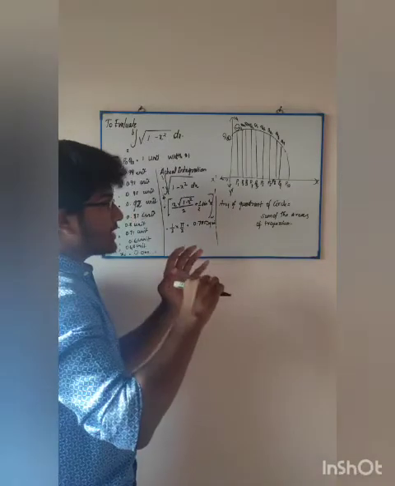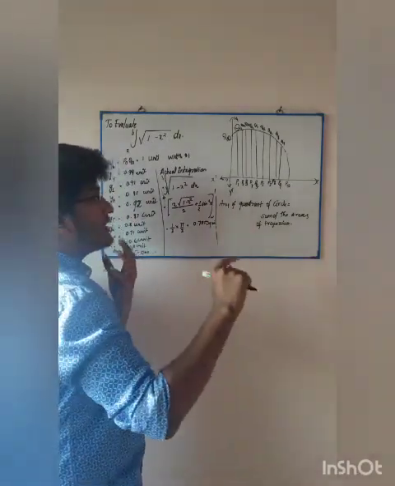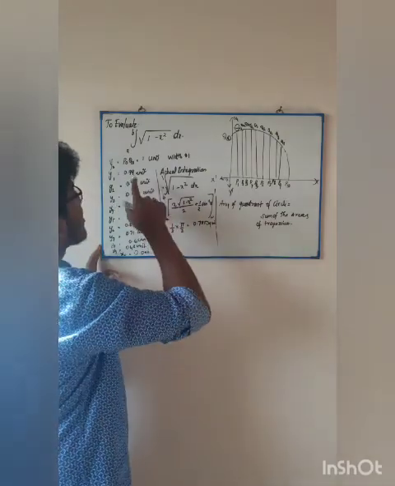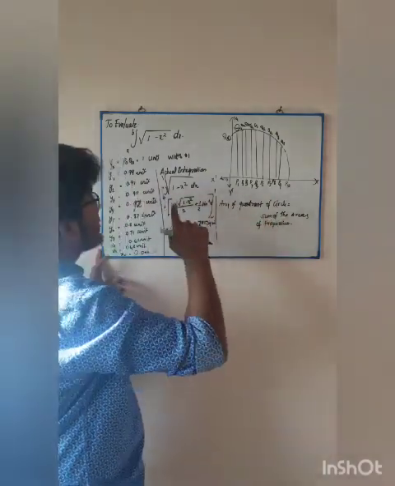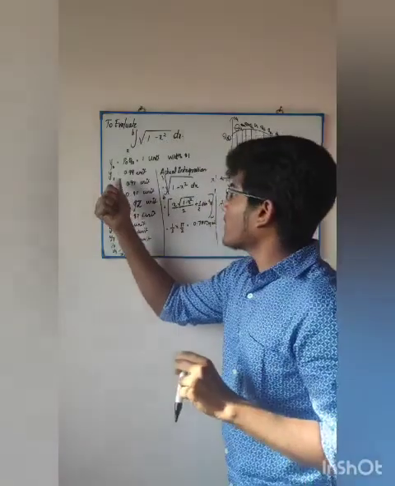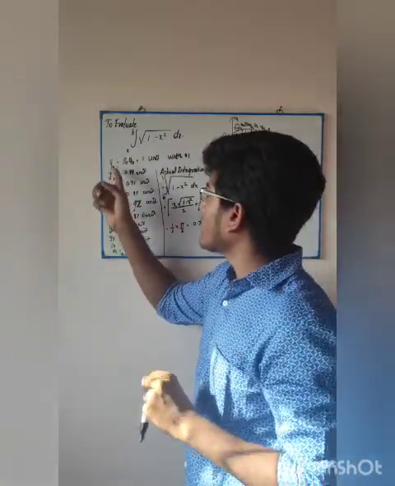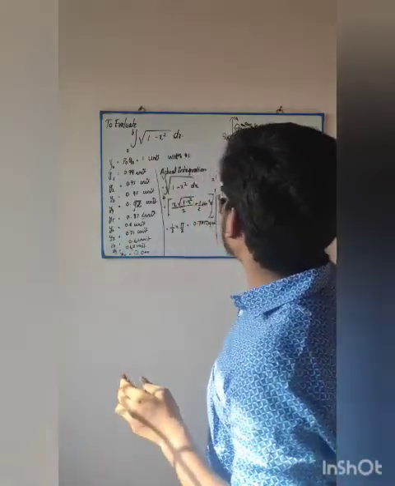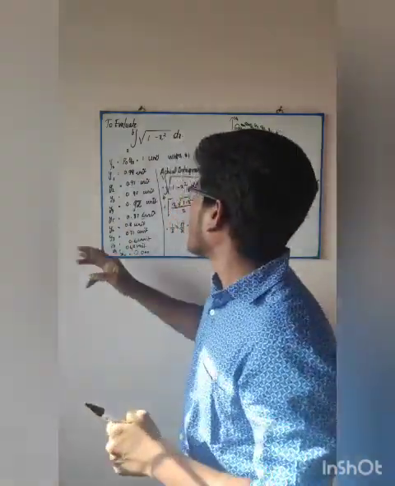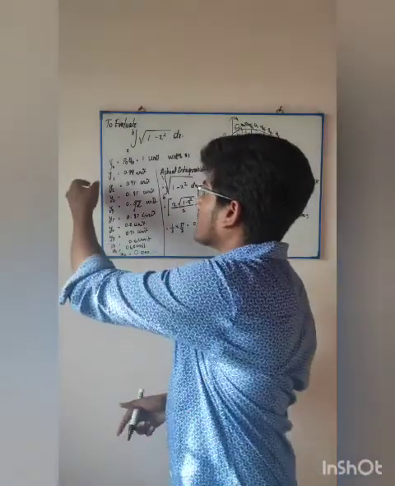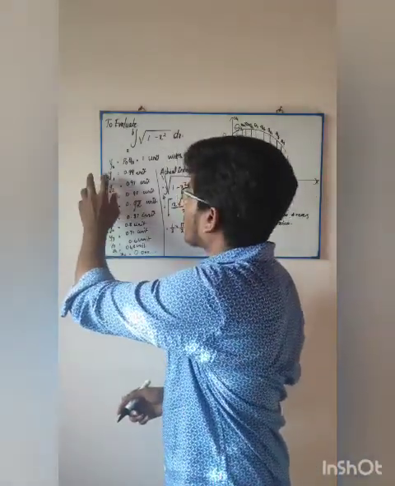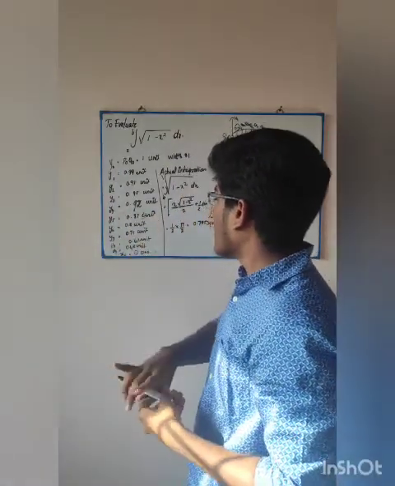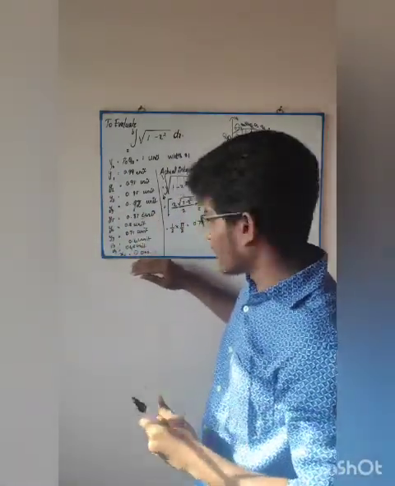So I have taken a as 0 and b is equal to 1. When we take the approximate values, y0 is equal to 1 because we start from the origin, and I have got some values for y1, y2, y3 and so on to y10.